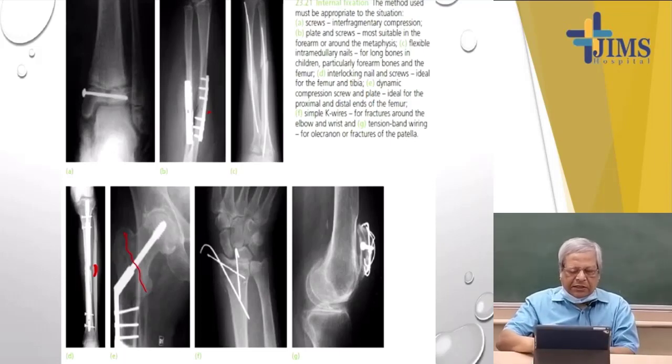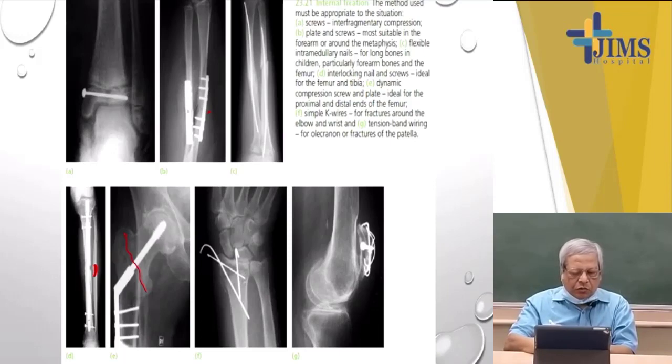This is a fracture distal end of radius, which is fixed percutaneously. These are closed reduction under image intensifier. Then these thin 1.5 millimeter or 2 millimeter stainless steel wires are passed, holding the two fragments.